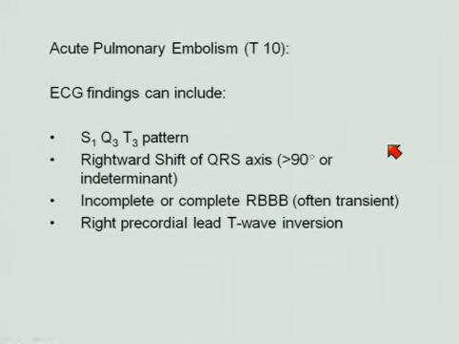The electrocardiogram is a poor indicator in terms of sensitivity for pulmonary embolus, and there are a number of patterns, so it's not often very helpful. When it's classic, it can be very helpful, but when it's classic, it's usually in the setting of a pretty substantial pulmonary embolus and hemodynamic changes that have occurred.